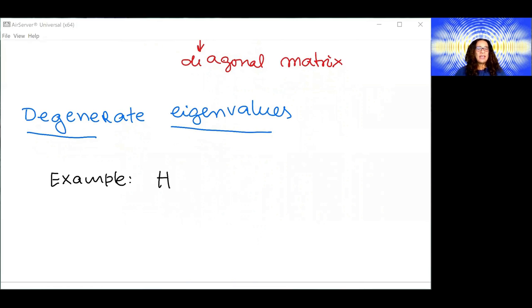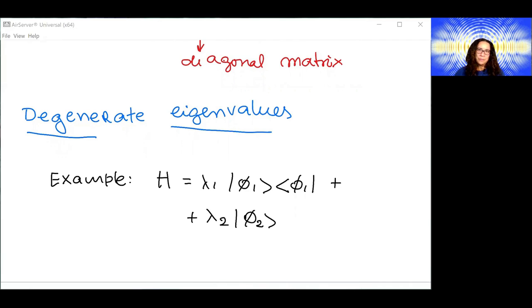Let's write H as lambda 1, and then you have this projector here, plus lambda 2, you project onto this phi 2, and you have again lambda 2, but you have another eigenstate associated with it, this phi 3.